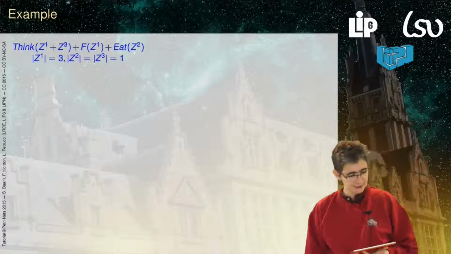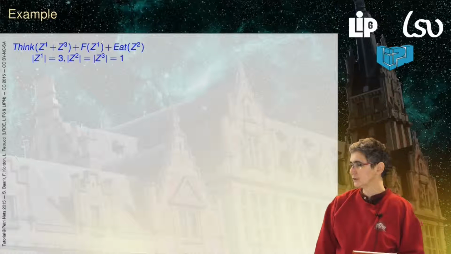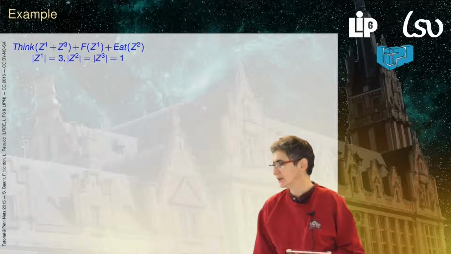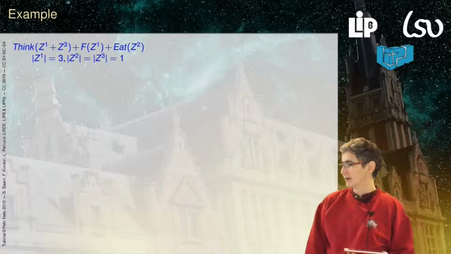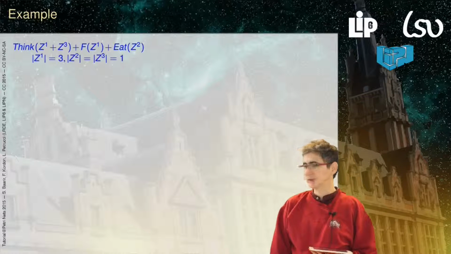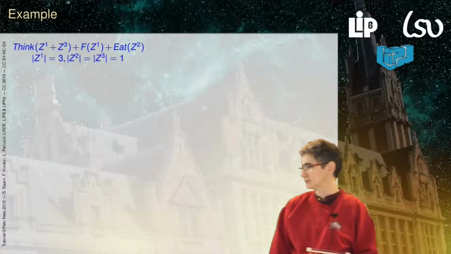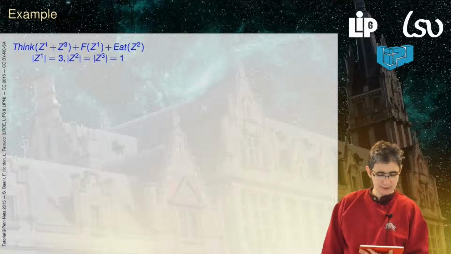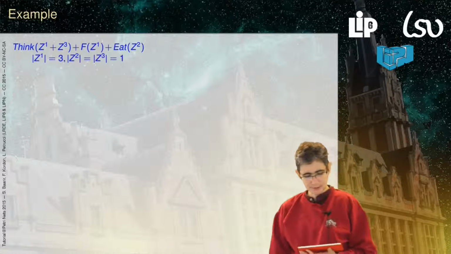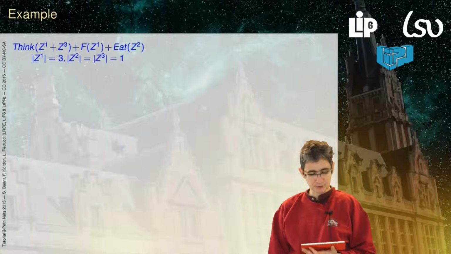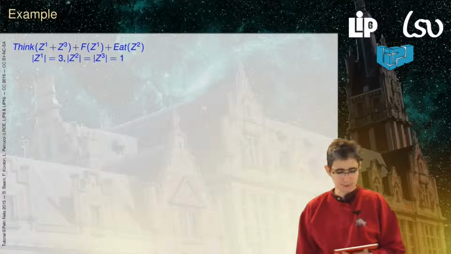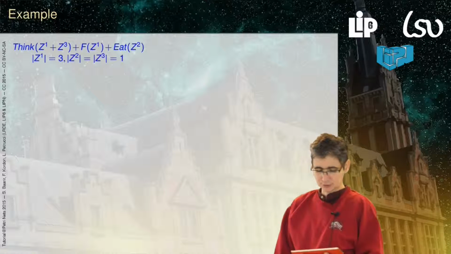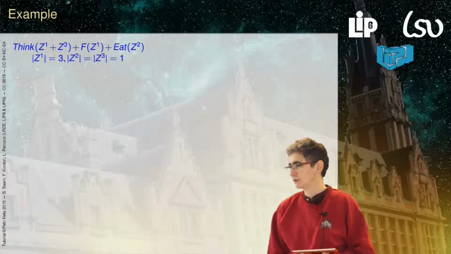So, if we take the philosophers example, we start with the marking think of Z1 plus Z3, in which we have 3 elements in Z1 and 1 element in Z3, plus a fork in F of Z1, the 3 forks that are available, with the 3 numbers corresponding to Z1, plus e of Z2, with Z2 containing 1 element.